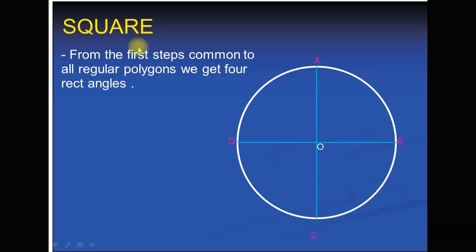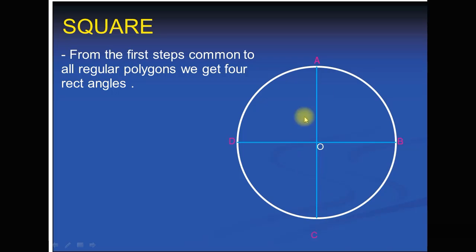So dear students, note that when we construct any type of polygon, these two steps are common for each polygon. First of all, locate the center and then open the compass about some radius and draw the circumference, and after the circumference draw the perpendicular diameters of the circle which cut the circle at 4 points.